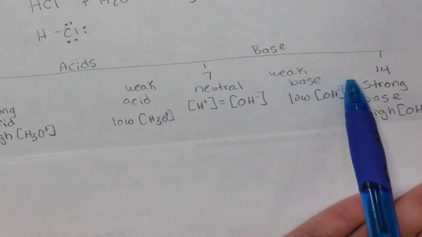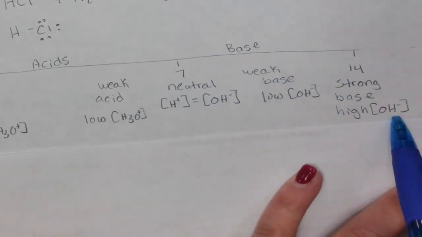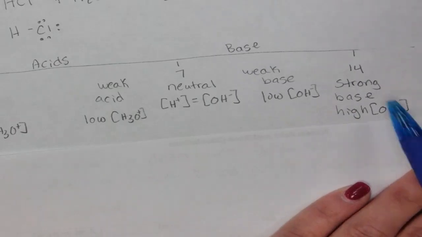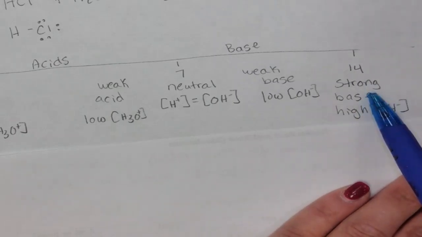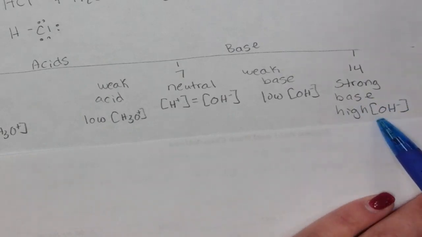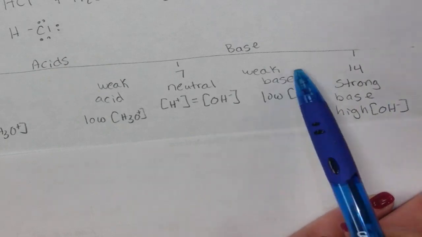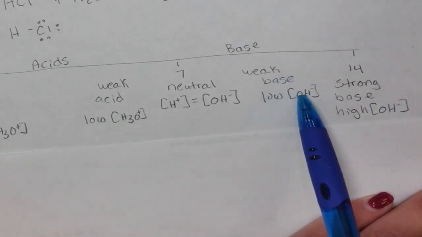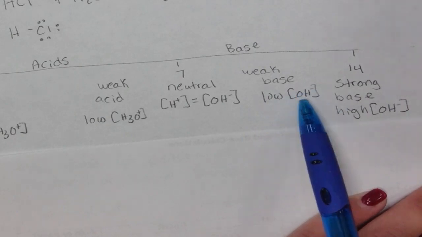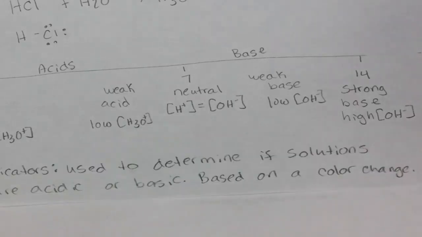As I go away from 7 towards 14, my hydroxide ions increase, because a strong base is going to dissociate completely to create all hydroxide ions. So I have a large concentration of hydroxide. Whereas a weak base does not dissociate completely, so we have a low concentration of hydroxide ions.